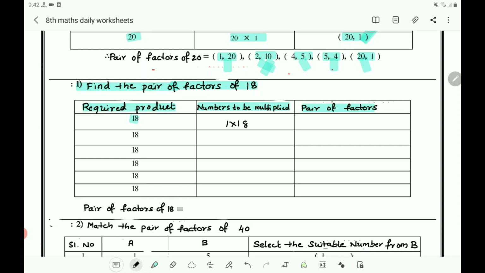And also 2 into 9. 3 into 6. And 6 into 3. 9 into 2. And also 18 into 1. Write the pair of factors here. After that, write all the pairs of factors here.